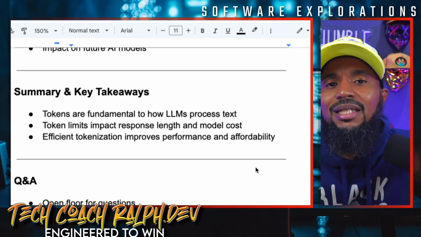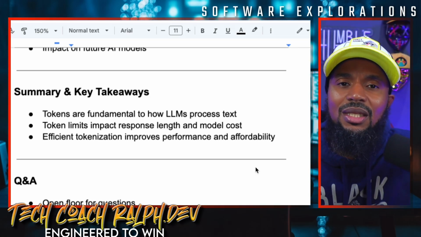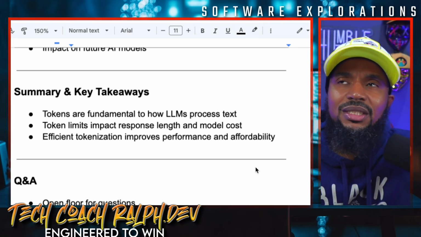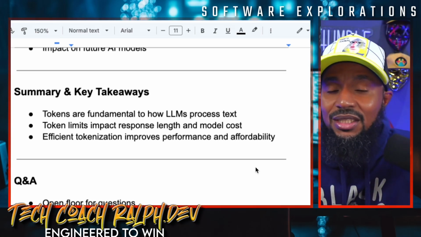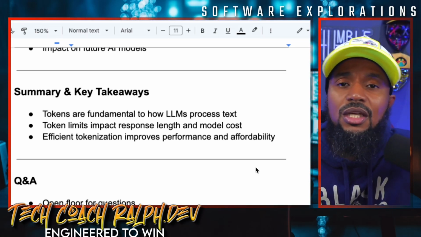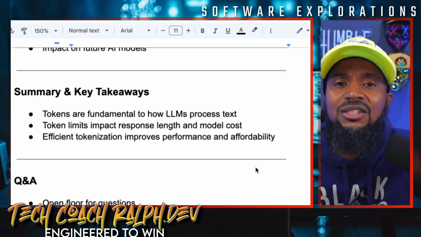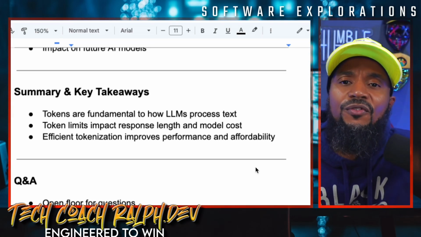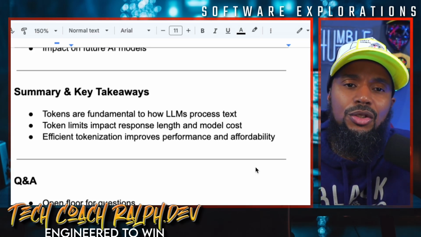Token limits impact response length and model cost. So based on what the limit is, it's going to determine how long your response is and how much it will cost you to use that large language model. And efficient tokenization improves performance and affordability, such as being concise in your prompt.